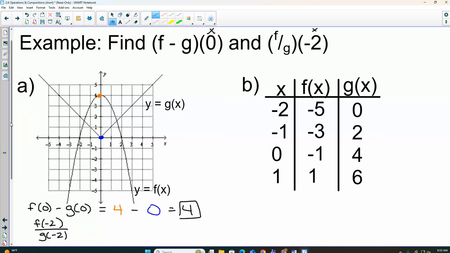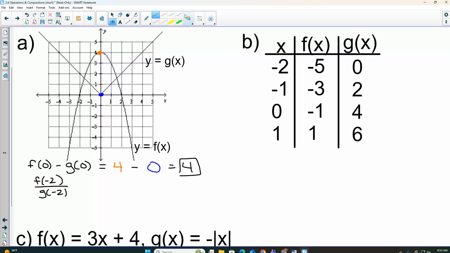If I look at my graph, when my x is negative 2, what is the y value of f? Divided by, when the x is negative 2, what is the y value of g? And 0 divided by 2 is 0.